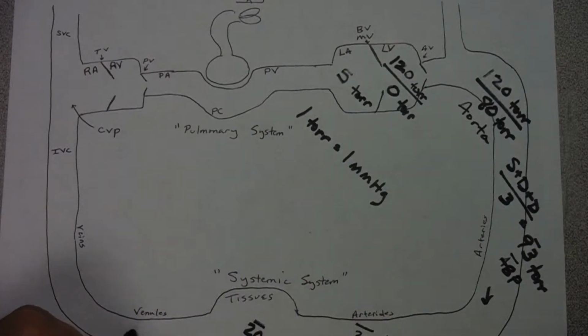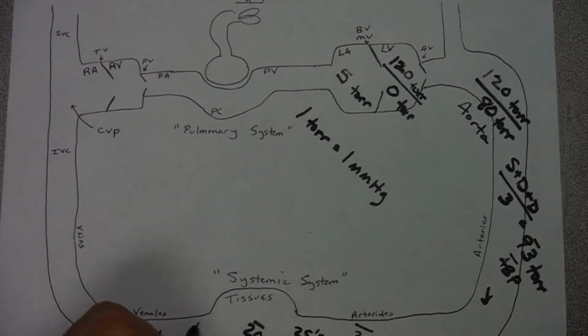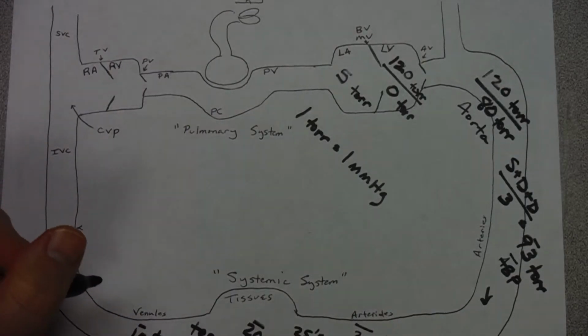And then venules, about a 10, give or take. Okay. If we're in between the arterioles and the systemic capillaries, it's probably in the mid-20s, maybe 25. If we're between the tissues and the venules, it's probably between 10 and 20, so probably in the teens somewhere. Okay, just something to keep in mind.